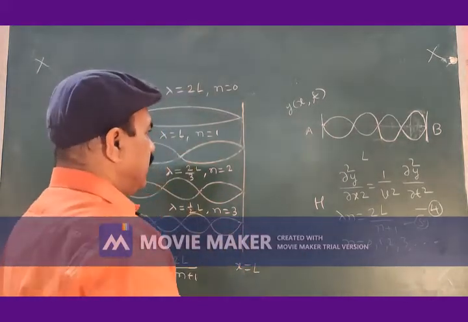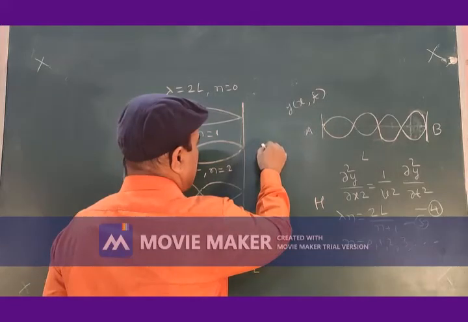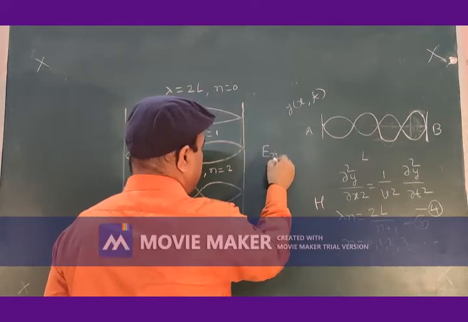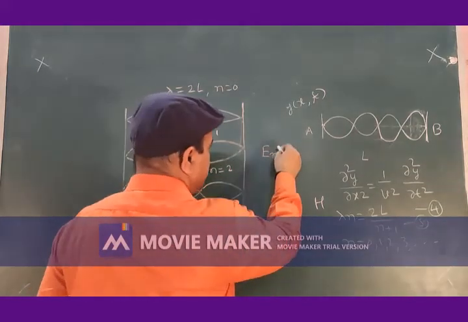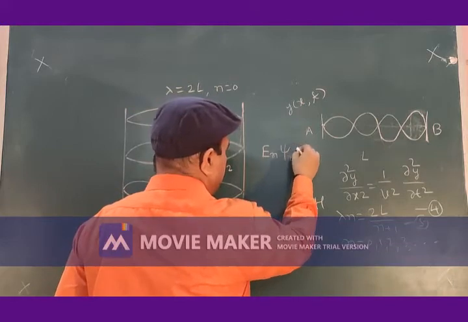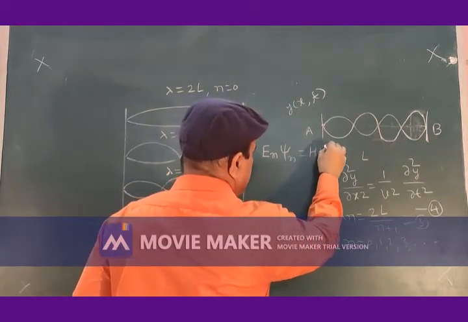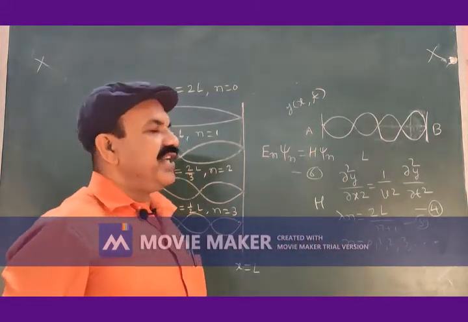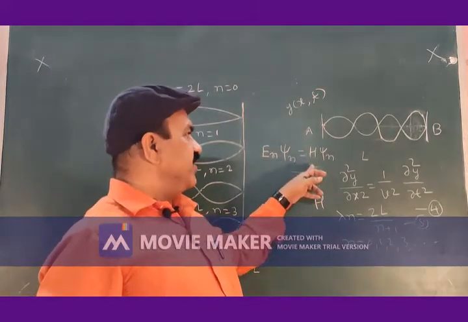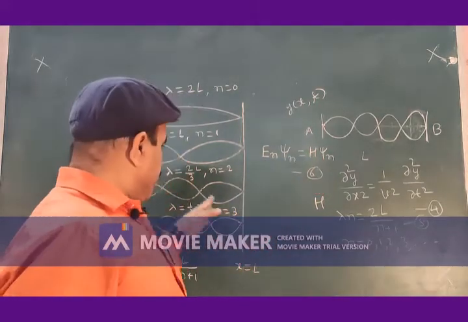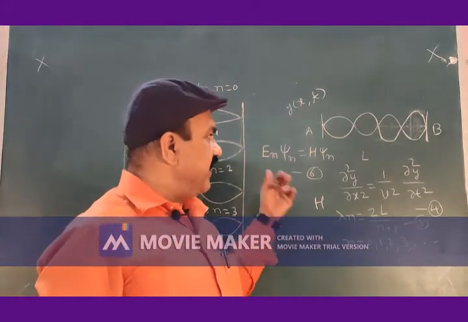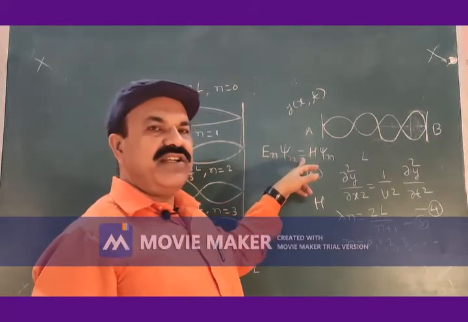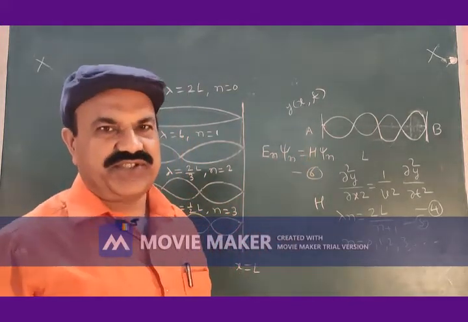In general, if you have En as the eigenvalues and psi n the corresponding eigenfunctions, then the Schrodinger equation for this will be written as En psi n is equal to H psi n. H is the operator we used earlier in earlier equations. En the eigenvalues of energy, psi n the energy eigenfunctions.